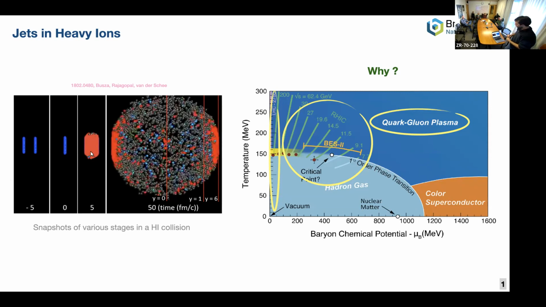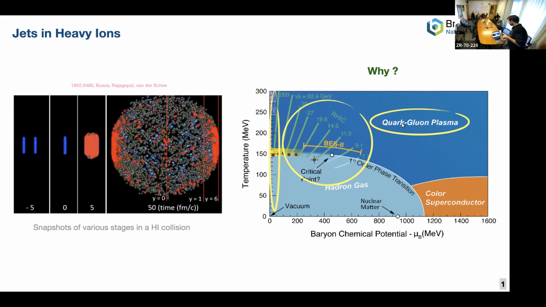It's a very hot state, so the temperature is very high, and essentially the quarks and the gluons don't have to be confined anymore inside the atoms. The point is to study the properties of this state, and of course, because this is a collision, at the end, all this matter expands, and what you see at the end is this collection of atoms, from which you try to infer what happened at earlier times.